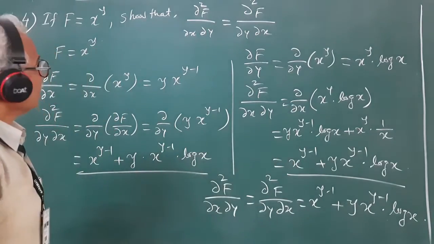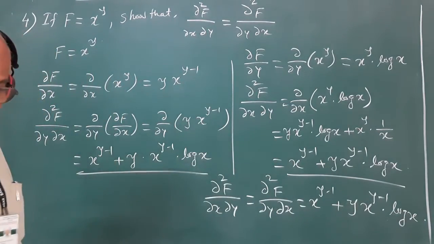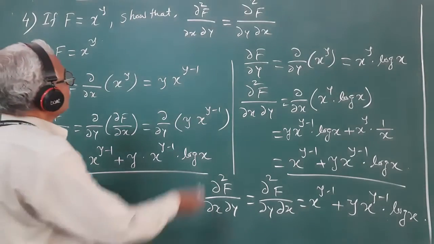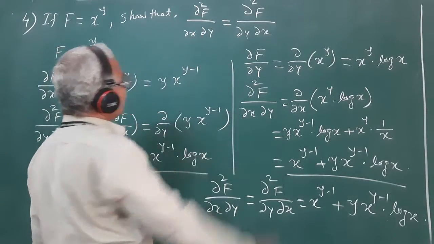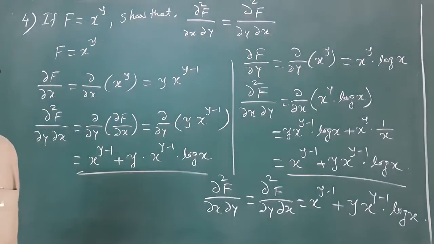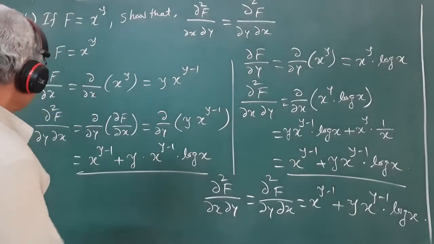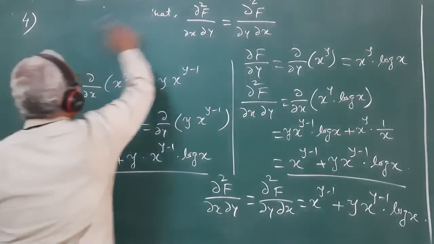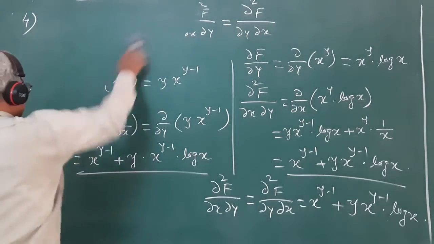So that is how we can prove that if f is equal to x raised to y, then ∂²f/∂x∂y is equal to ∂²f/∂y∂x. So that is the fourth problem. So let us see the next one.